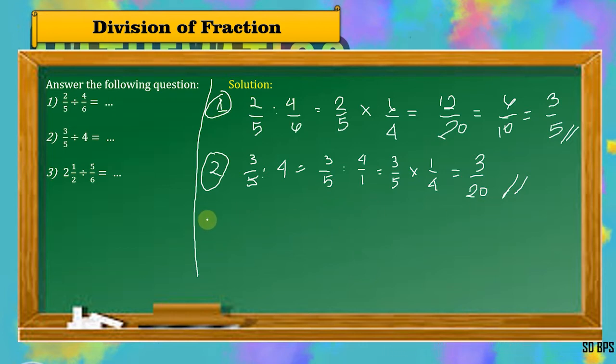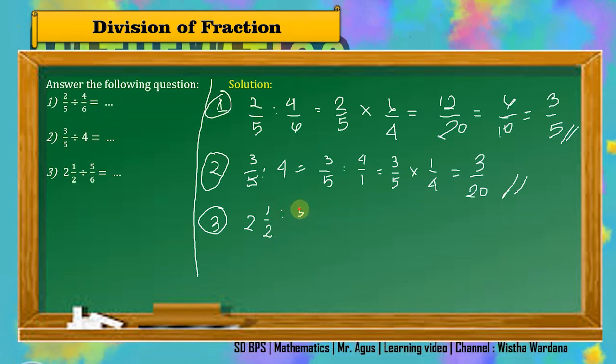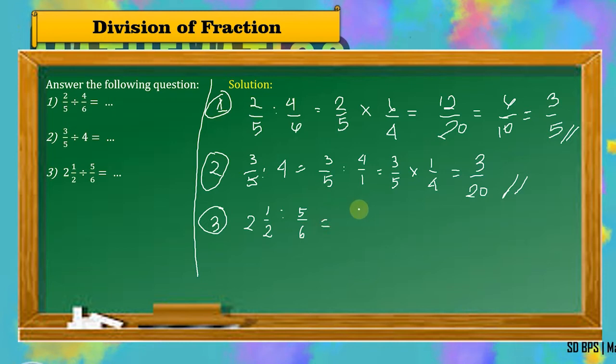Okay, and then number 3. In number 3 we have 2 1/2 divided by 5/6. So in this case you have a mixed fraction divided by a proper fraction. So I suggest you change the mixed fraction into an improper fraction by multiplying 2 and 2, and after that adding 1.